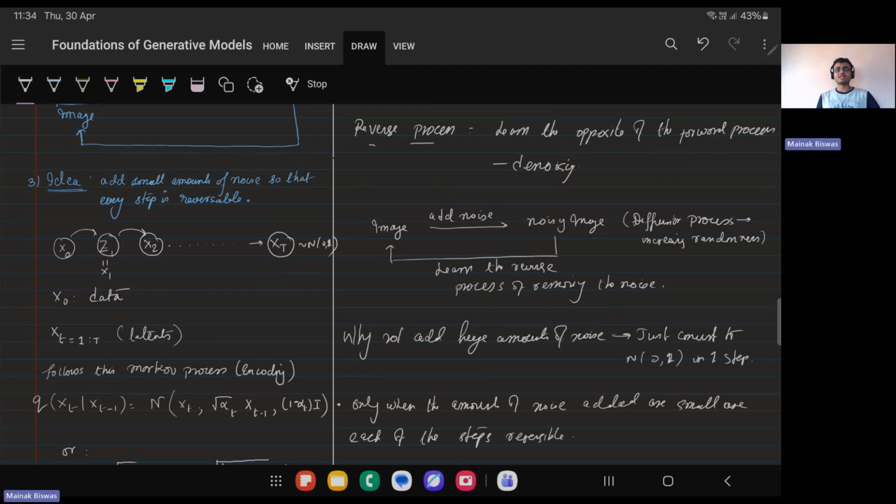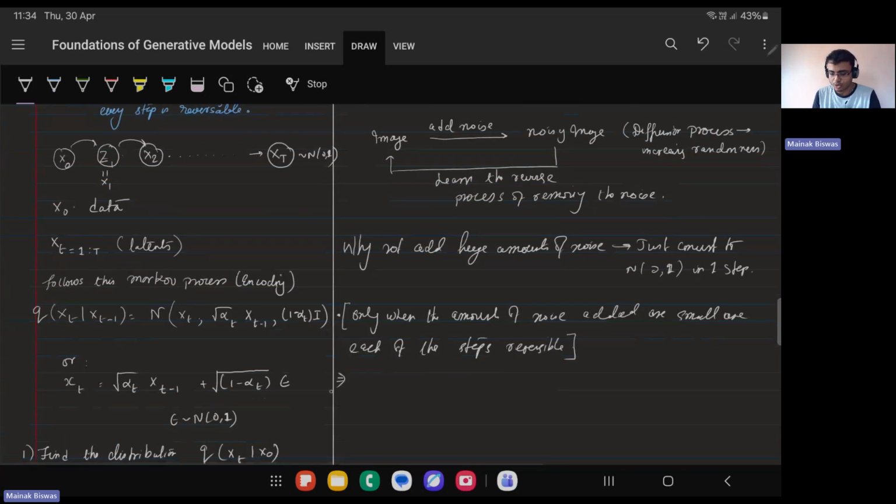You can think of this as an adiabatic process, which is reversible, which means that at every point when you add a little amount of noise, you could reverse that process. But if you add lots of noise, there's no way you could recover the image back. So only when small amounts of noise are added at each step can each step be reversible. It's a thermodynamic interpretation of the diffusion model, where the reverse process only becomes Markovian.